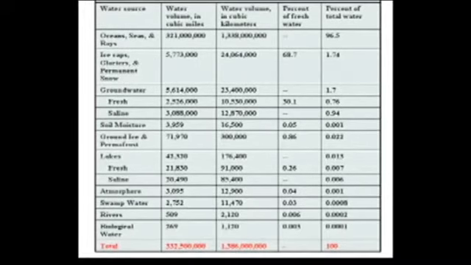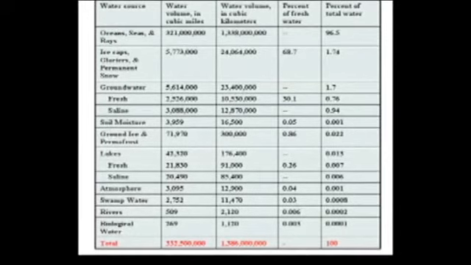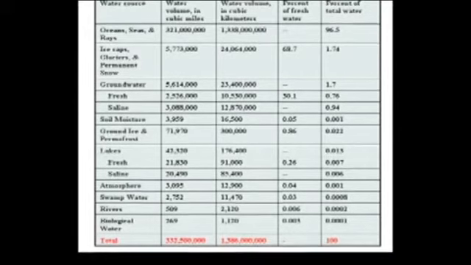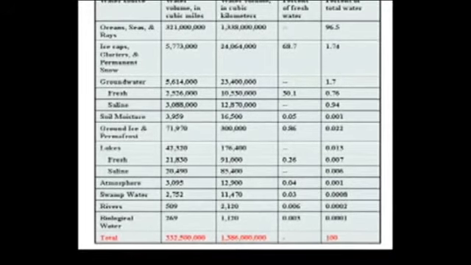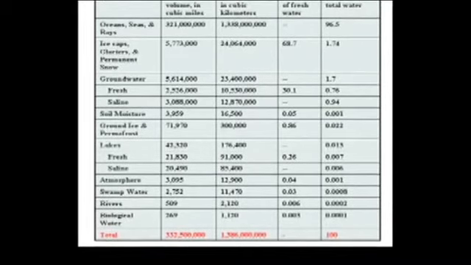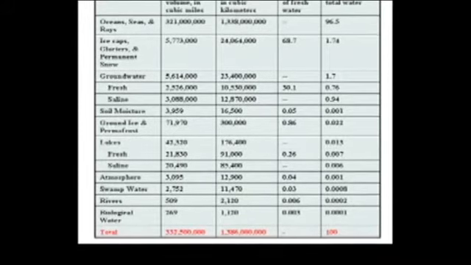Groundwater is estimated at about 1.7%. Fresh and saline groundwater is 0.76% and 0.94% respectively. Soil moisture water is 0.001%. Ground ice and permafrost is 0.022%.